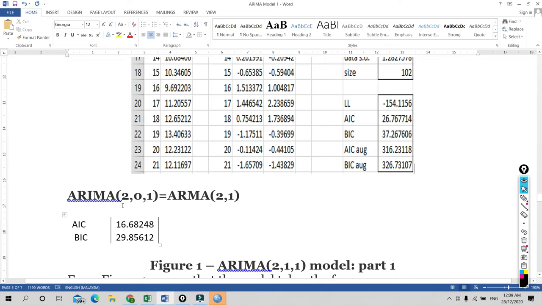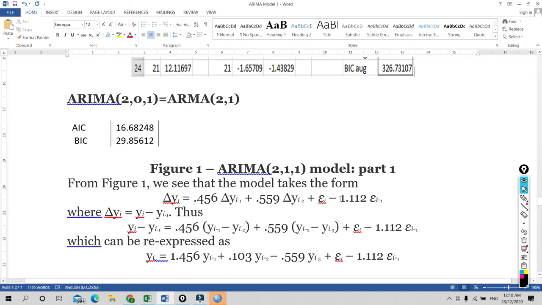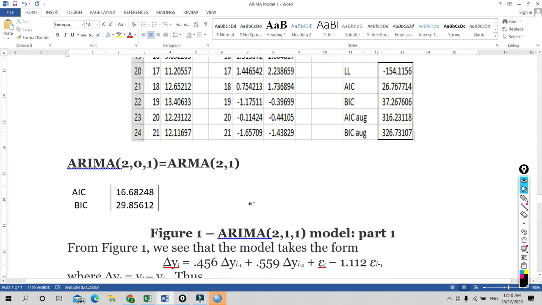Meaning to say ARIMA 201 is better than ARIMA 211. So even though we first assume that the model is ARIMA 211, if you calculate the model of ARIMA 201, it returns an AIC and BIC that is smaller than the ARIMA 211. We can say that ARIMA 201 is better than ARIMA 211.